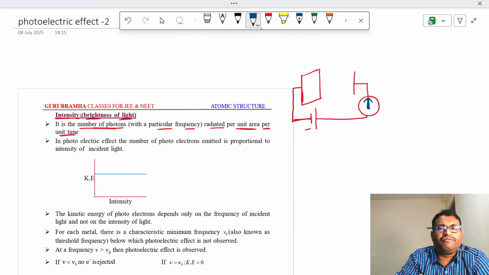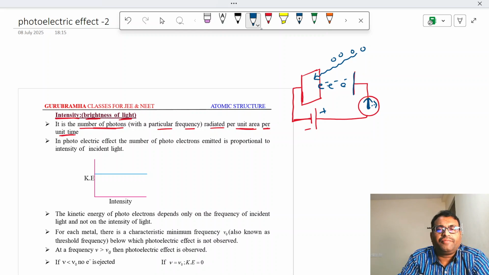When light is made to fall on this metal, automatically, if the electrons are ejected, that means this light should possess some minimum frequency. This photon must possess some minimum energy so that the electron comes out from this metallic surface. Then automatically there will be deflection in the ammeter, showing that electricity is passing in the circuit, and you can record how much amount of electricity is passing in the circuit.